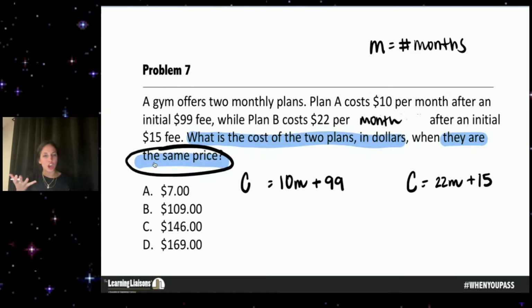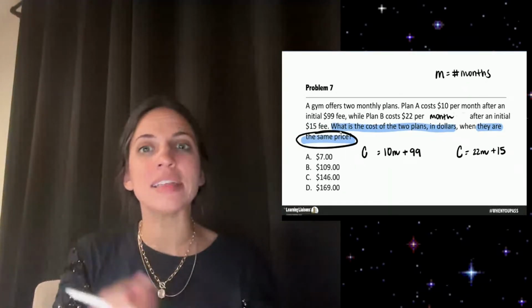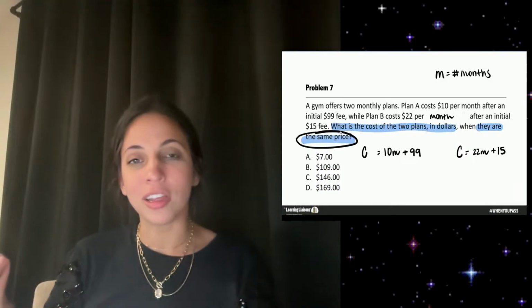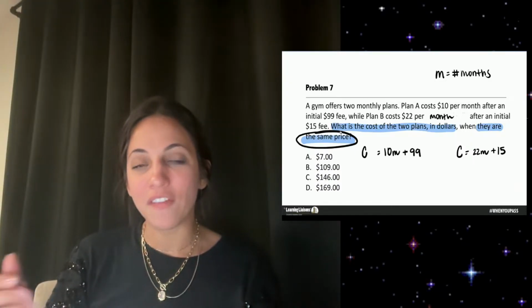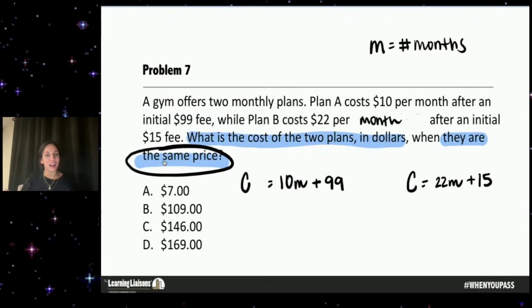What do I know about things that are the same in math? They're equal. If I set these 2 things equal to one another, I can figure out what that cost is. So 10M plus 99 equals 22M plus 15. And I can just solve it.